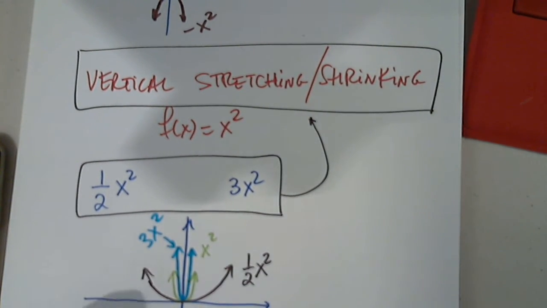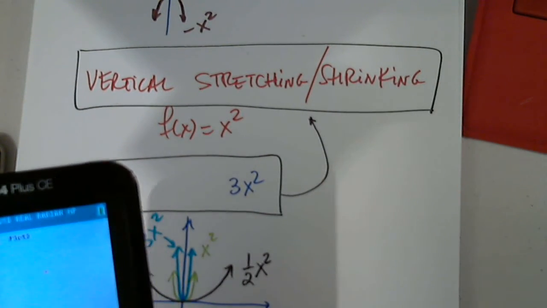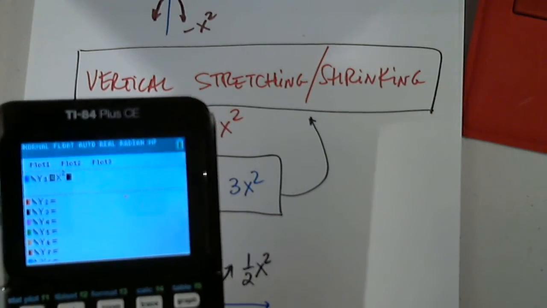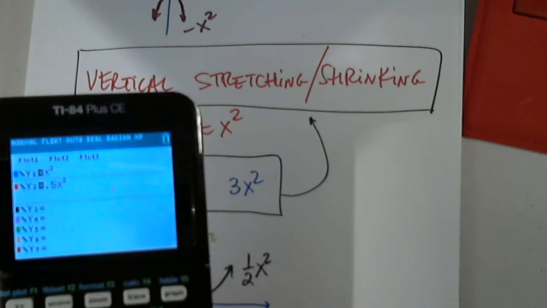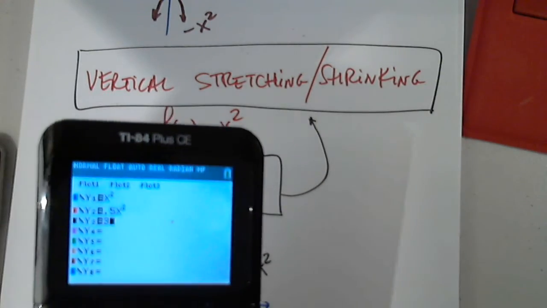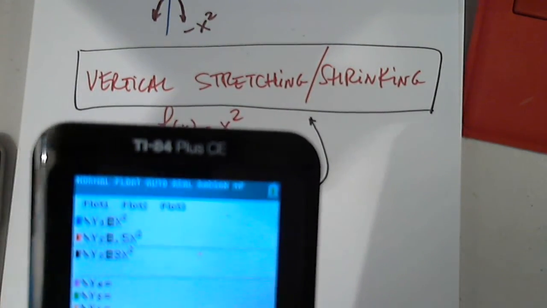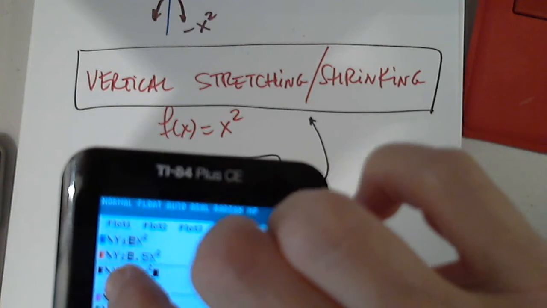I can show that also with the calculator, because maybe it's better if you'd like to see those. So we graph x squared first, the next one 0.5 x squared, and the third one 3x squared. Now watch, because these newer calculators have 3 different colors, blue, red, and black.